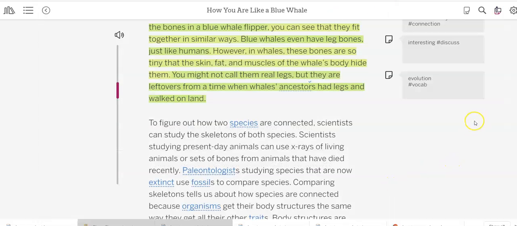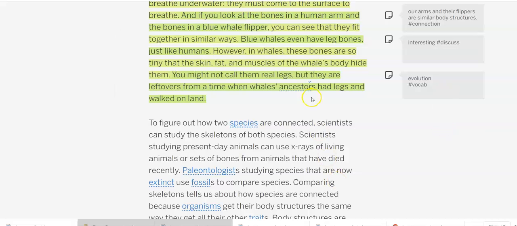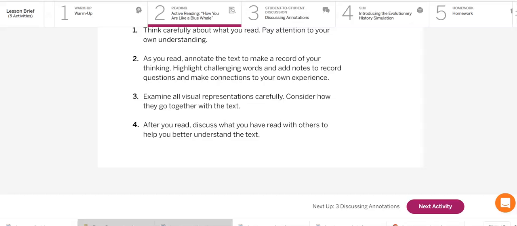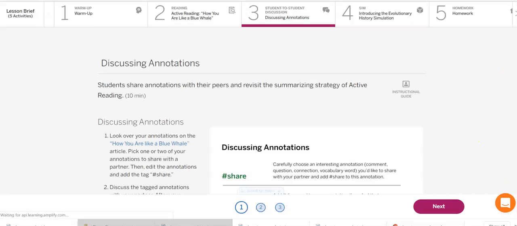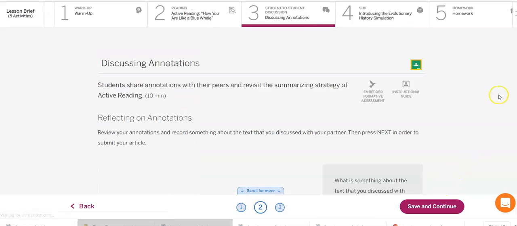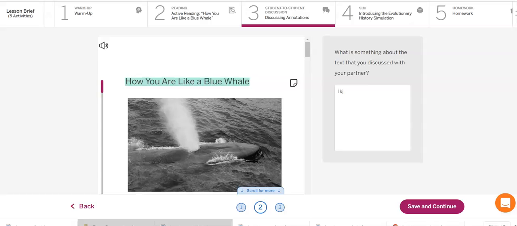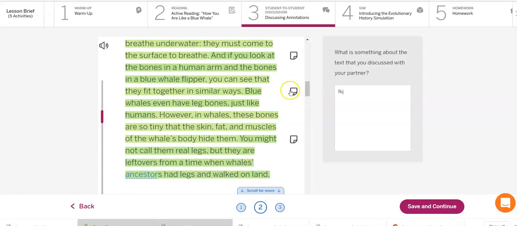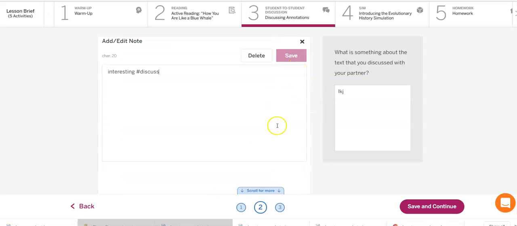All right, so after this video, you'll come on to Amplify, you'll do your warm-up, you'll do your annotation, and then, see, this is what you'll see. You'll see your guidelines, next activity. Here again is your discussing annotations. And afterwards, this is why it's important, because now I can see all my annotations, and I can click on them, right?